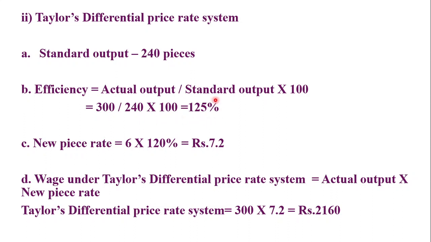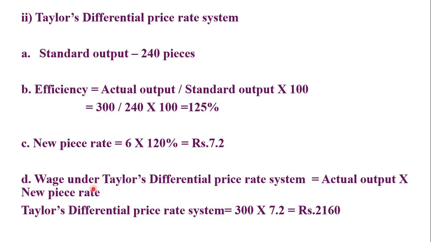So, the level of efficiency is 125%. So, it is more than 100%. If it is more than 100%, the new piece rate is 120% of the normal piece rate. New piece rate is equal to normal piece rate 6 into 120%, that is 7.2.